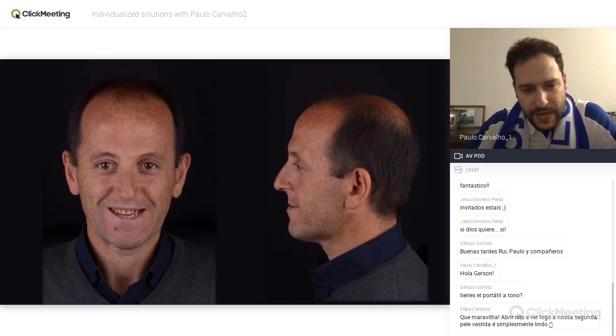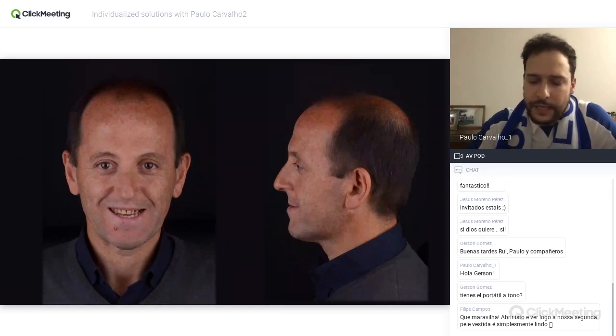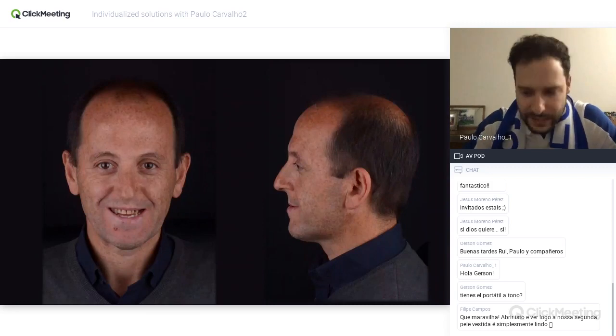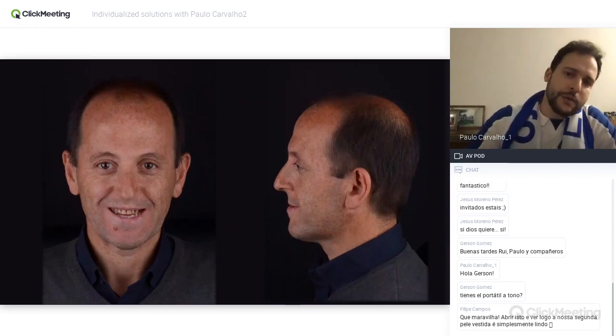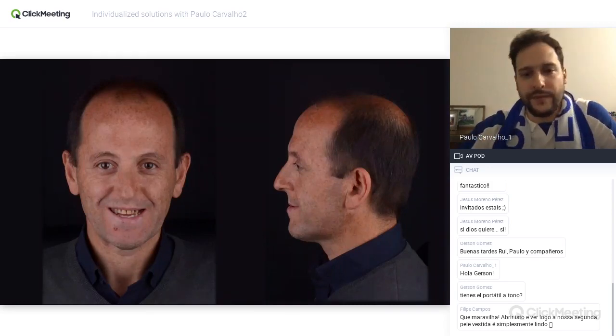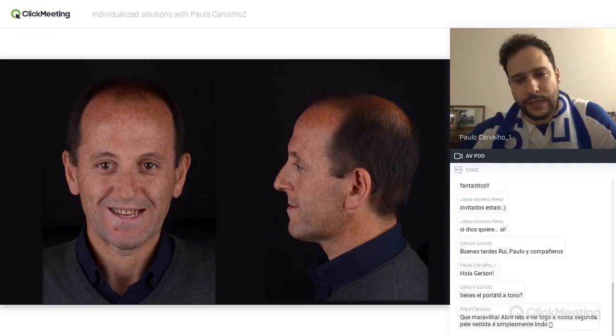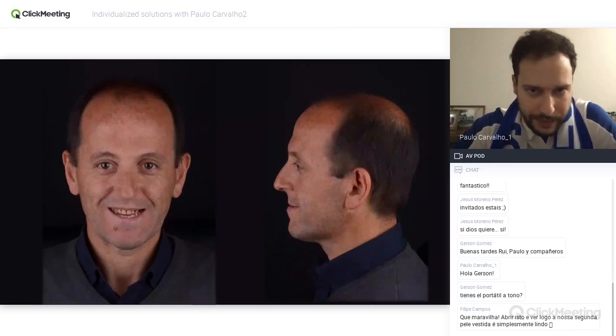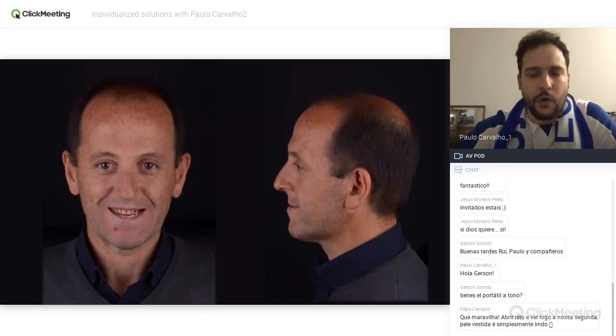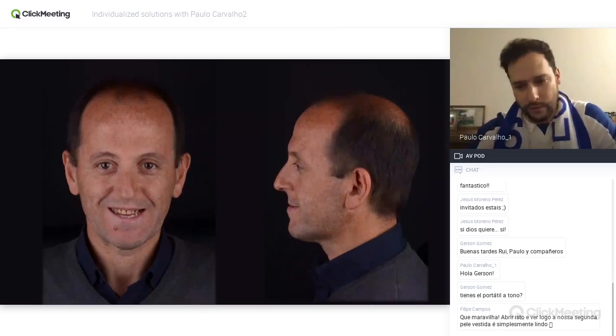So this was a patient that came to me to do full arch maxillary rehabilitation, not only to have good function, but also to have good aesthetics. Actually, he wanted also to improve the facial aesthetics, because he wanted the new smile and new prosthesis to also produce a good impact on his overall face.